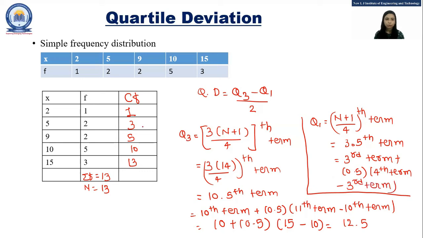Here the 4th term is 9 and the 3rd term is 5. So when you put the 3rd term as 5 and the 4th term as 9, you will get 7. So Q3 is 12.5, minus 7, that is your Q1, divided by 2. So you will get the quartile deviation equal to 2.75.